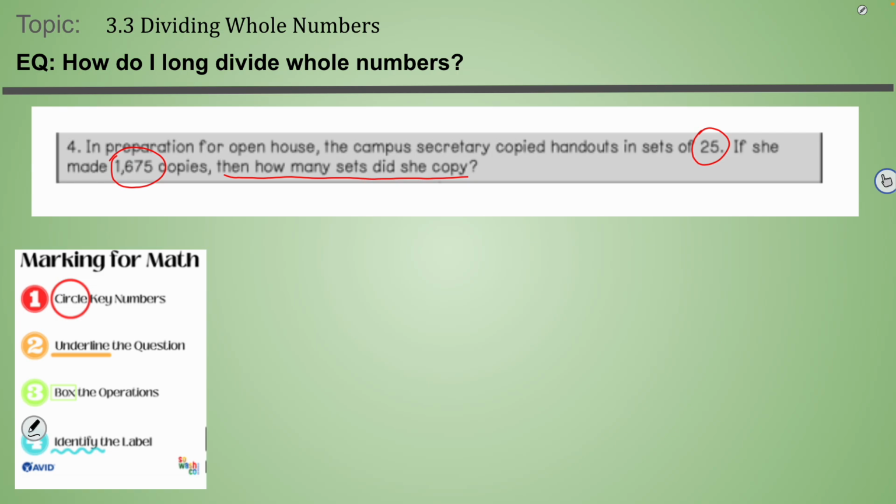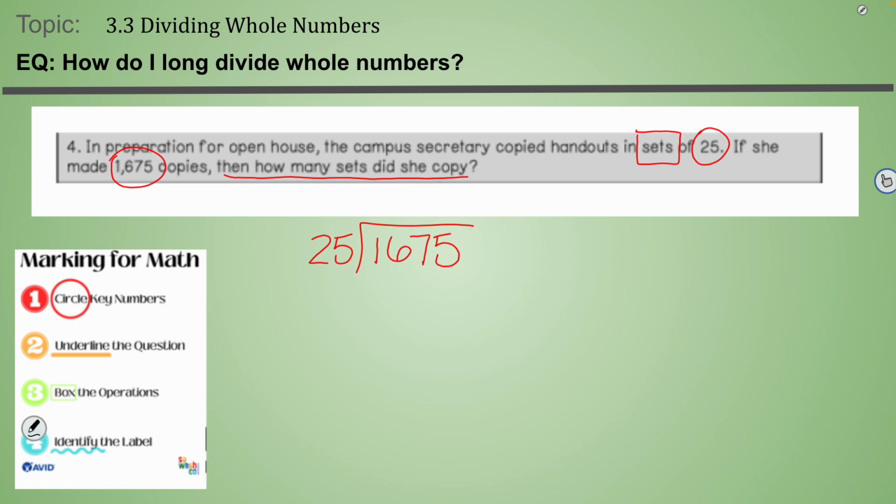If you are looking at this problem, how many sets, you could consider as dividing. You're dividing it into equal pieces. I have 1,675 copies, and that is what I'm dividing into 25s. Remember what we learned? Divide.